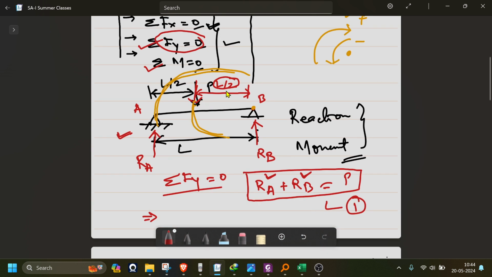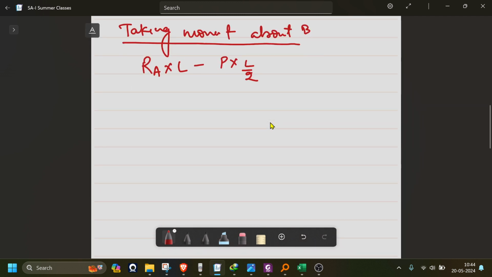Is there any other force about this point which will produce a moment? No, right? You may say, sir, this force? No, because this force is passing through that point, so the perpendicular distance between the line of action of this force and this point is 0. So RA into L minus P into L by 2 equals 0.